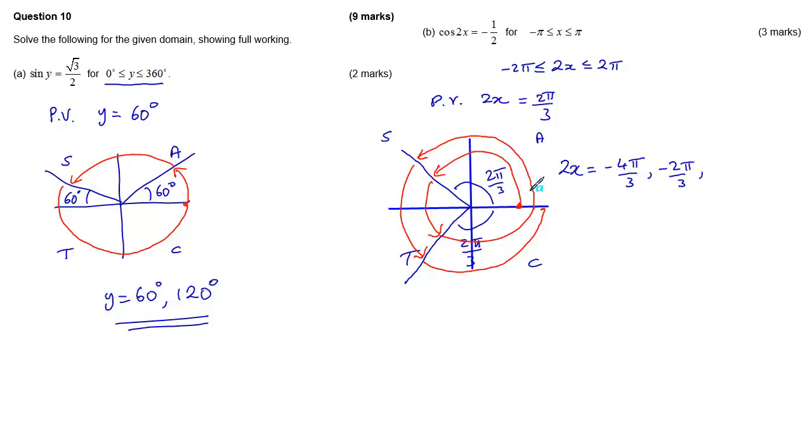And then the next one will be at 2 pi by 3. And the last one at 4 pi by 3. So then to get x, all we need to do is divide right the way through by 2. So that's going to be -2 pi by 3, -pi by 3, pi by 3, and 2 pi by 3.